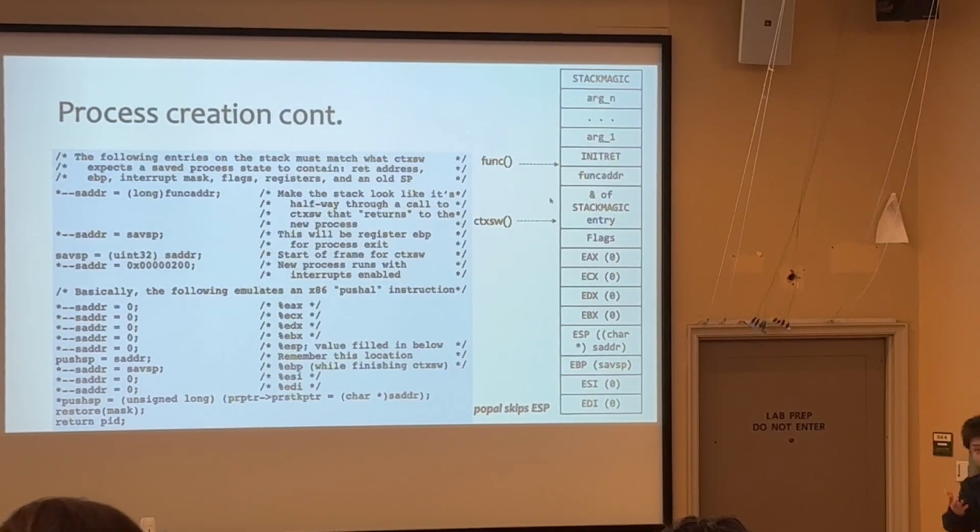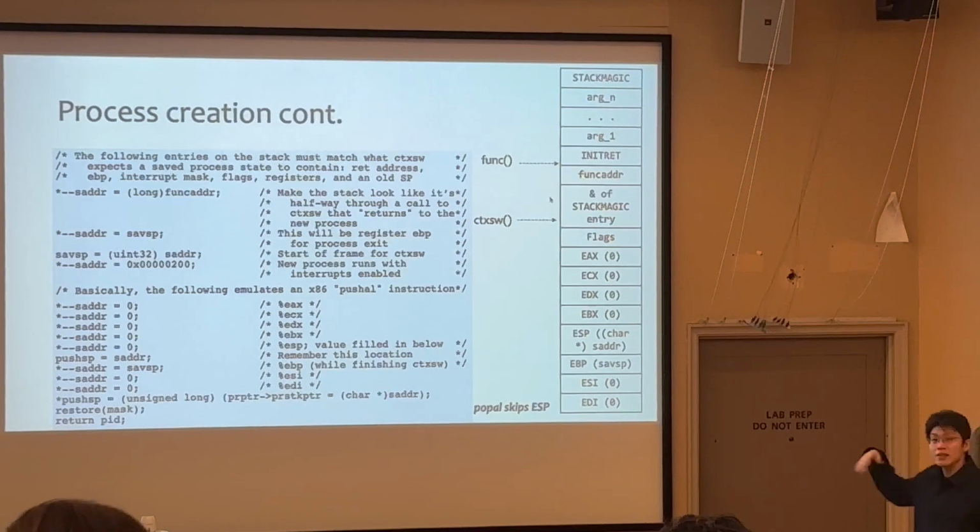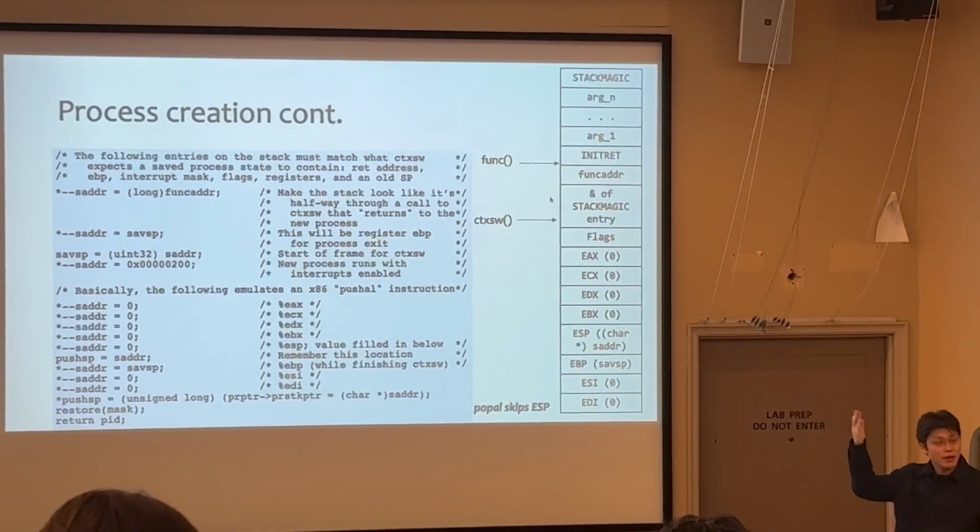The trunk address, exactly. First I want to clarify that because the process was just created, in reality there's no context you're returning to. The process never got executed. It's not like the previous case where the process has been switched out before.